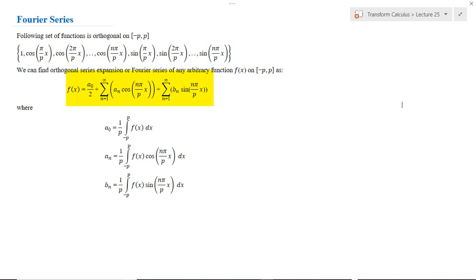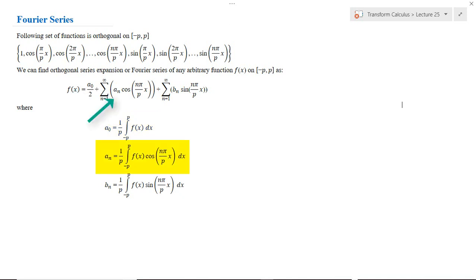In fact, f(x) is equal to a0 divided by 2 plus the summation of an cosine n pi over p x, n from 1 to infinity, plus the summation of bn sine n pi over p x, n from 1 to infinity. In this case, a0, an, and bn are unknown, so we have to find them. We have three equations to find them. a0 is 1 over p, the integral from minus p to p of f(x) dx.